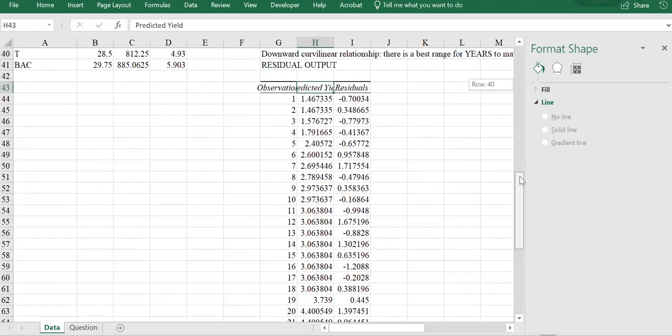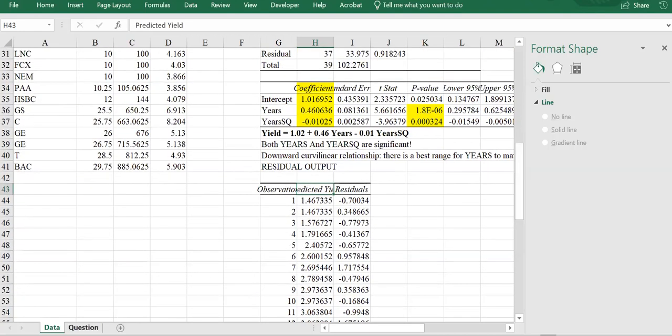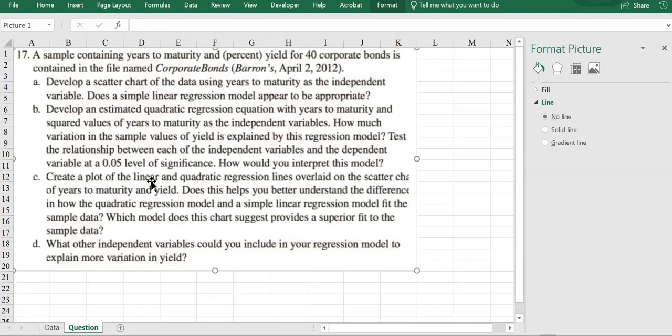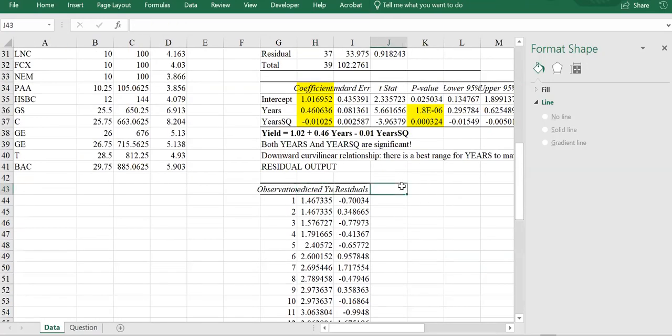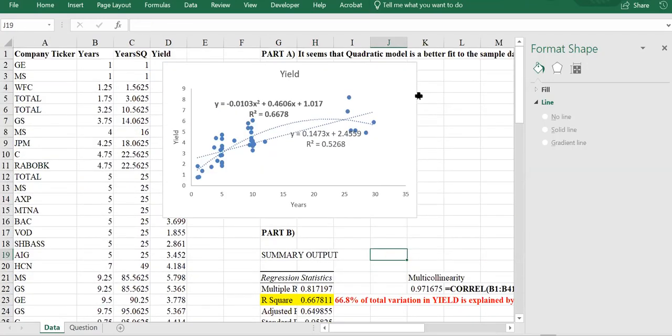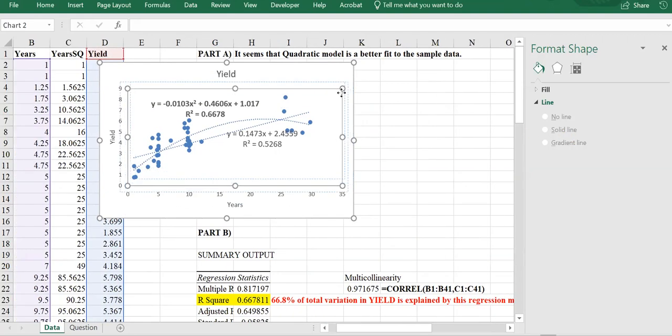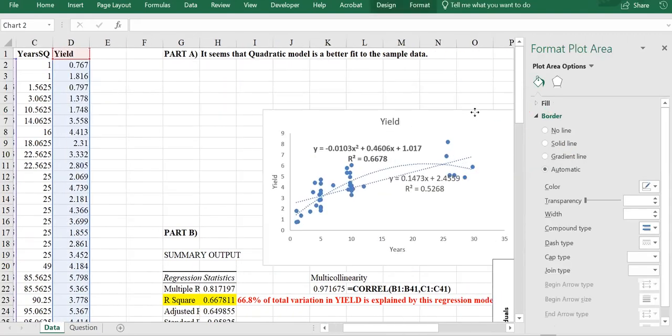All right, so let me just get back to the question. Create a plot. Does this help you better understand the difference? Yes. Which model does this chart suggest provides a superior fit to the sample data? Of course, so this would be the answer to part C of the question.